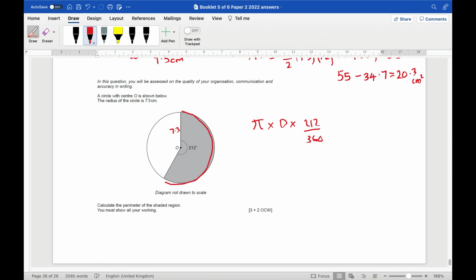And the diameter is double the radius, so I'm going to be using 14.6 there. That gives you the length of this. You will then need to add on that 7.3 there, and add on that 7.3 there to get the total perimeter of that.